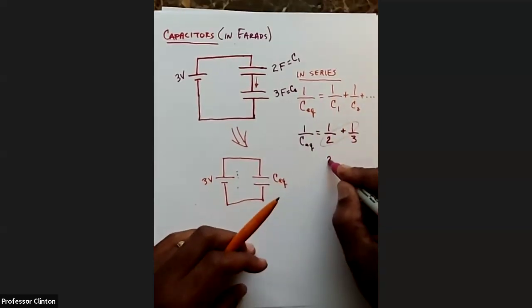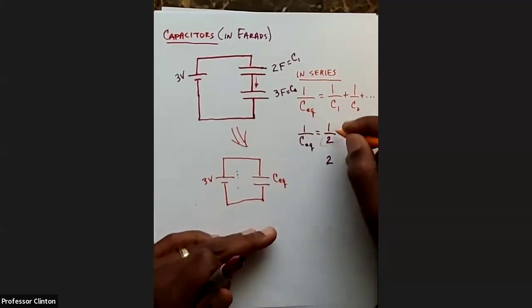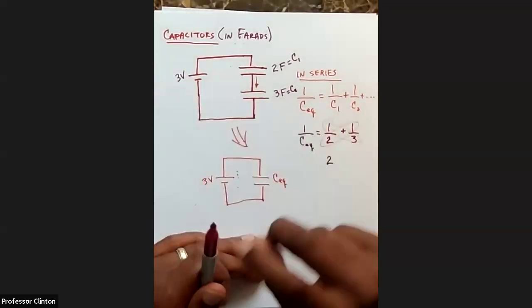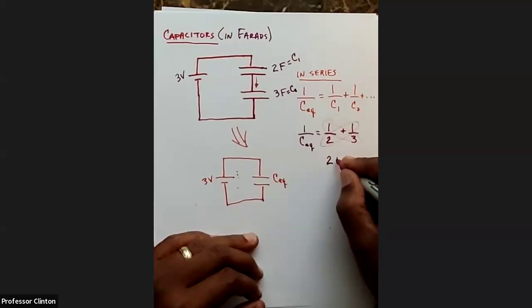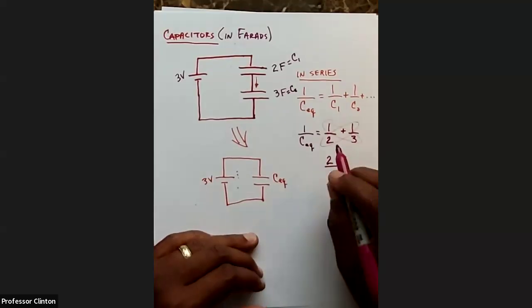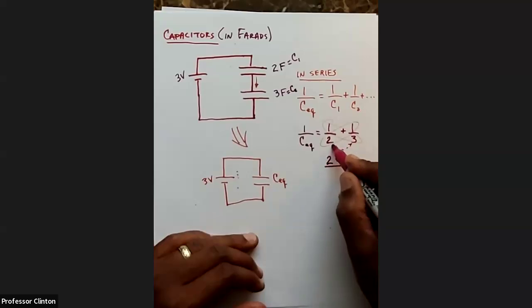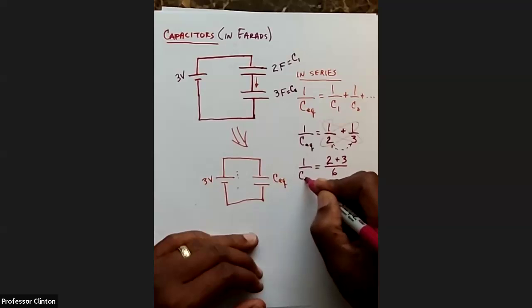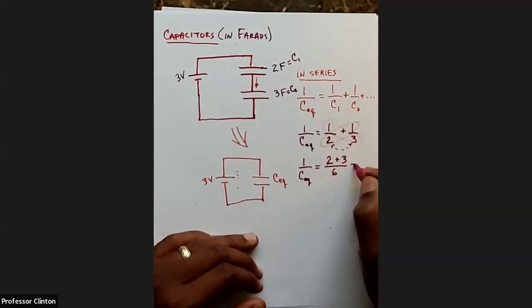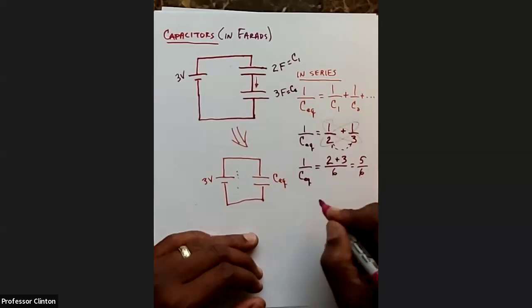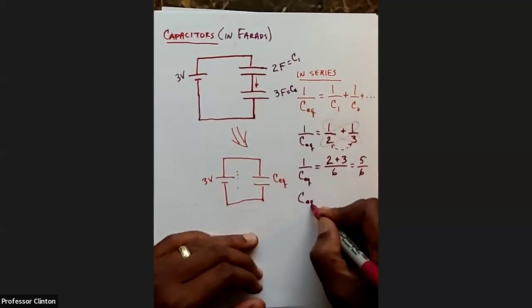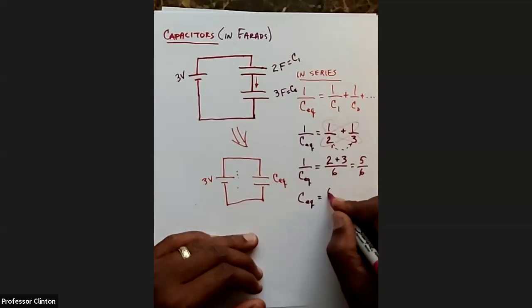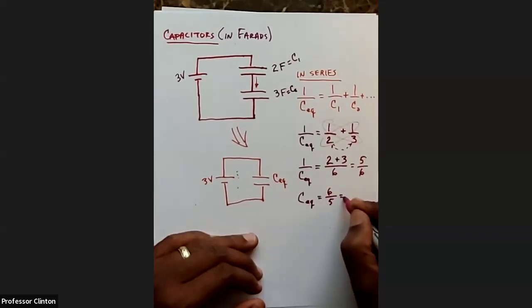You get 2 times 1. Multiply in the other direction: 3 times 1 is 3. You add those together, and then you multiply those two and get 6. So 1 over capacitance equivalent is equal to 5 over 6. And so our equivalent capacitance is going to be equal to 6 over 5, and that is about 1.2 farads.